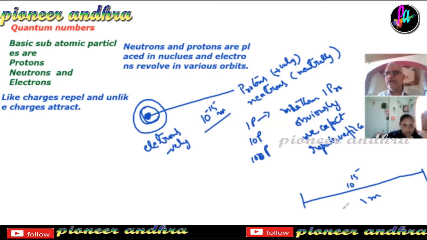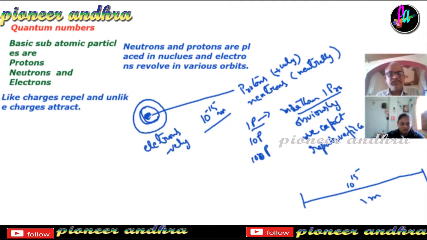These particles are concentrated in that particular nucleus. If one proton is present, we don't find any problem. If more than one proton, obviously we expect a repulsive force between the protons, and they try to move away from each other. But they are tightly bound in the small place using the electrostatic forces.